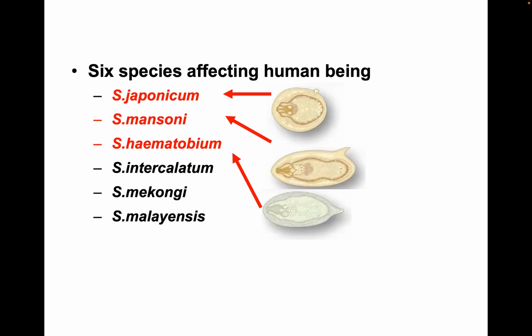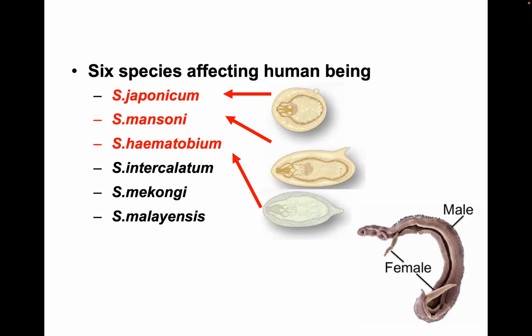But commonly, the life cycles are very similar, and the adult worms all share the same shape: there's a male one that's wider, and inside there's a female one living inside this kernel.